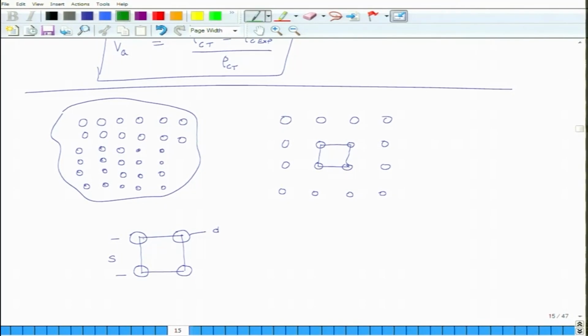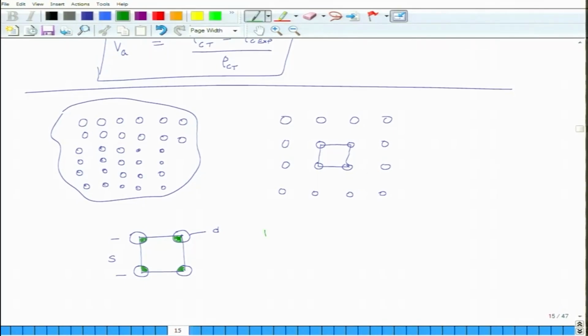Then what is the amount of fiber contained in each square? It is these 4 quarter circles, right. So, if you add up all these green areas, it becomes one whole circle.